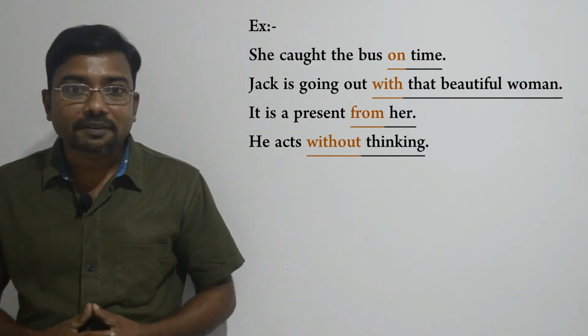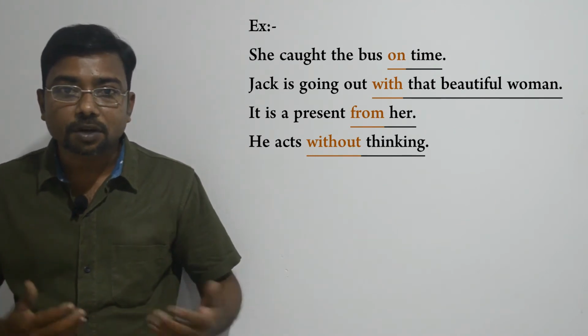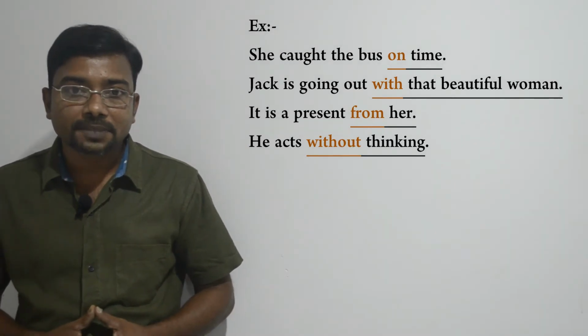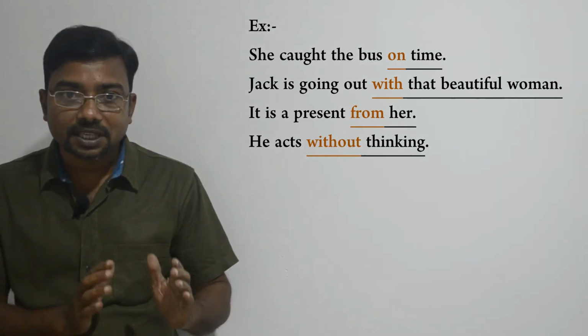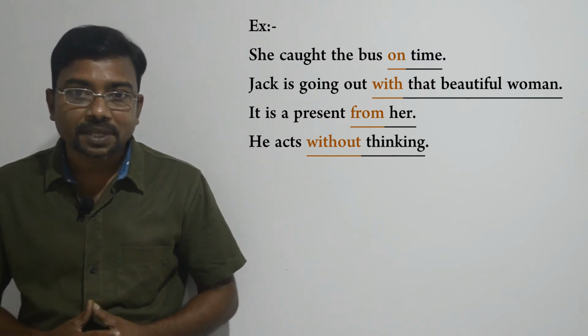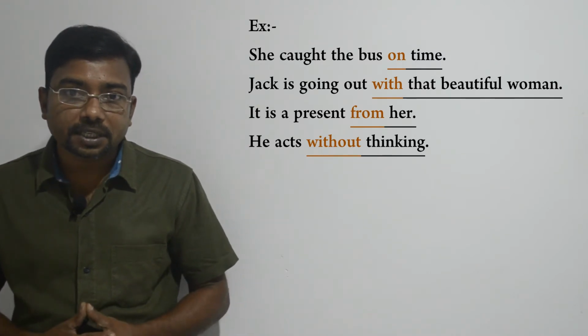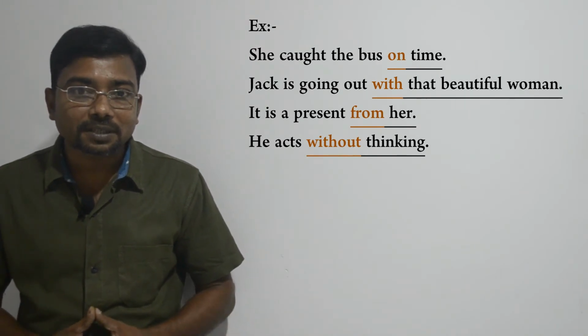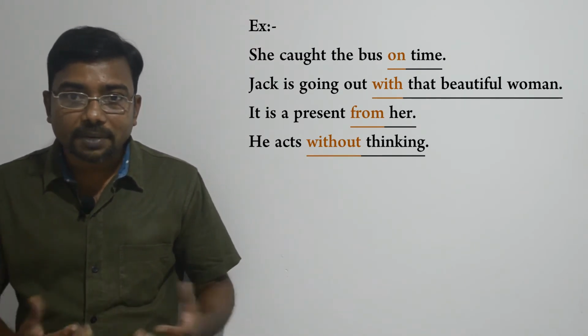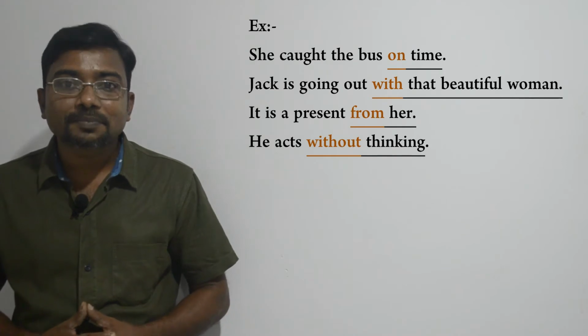Okay, let's turn our attention to the second example. She is going out with that beautiful woman. Here, with that beautiful woman is the prepositional phrase because it starts with the preposition with. Can you identify the object of the preposition? Yes, here woman is the object of the preposition. We know an object can be a noun or pronoun. Here woman acts as a noun.